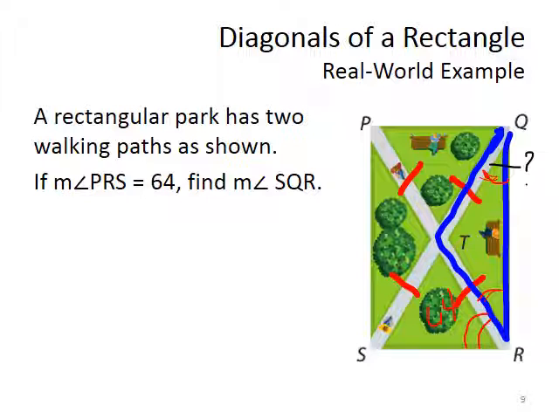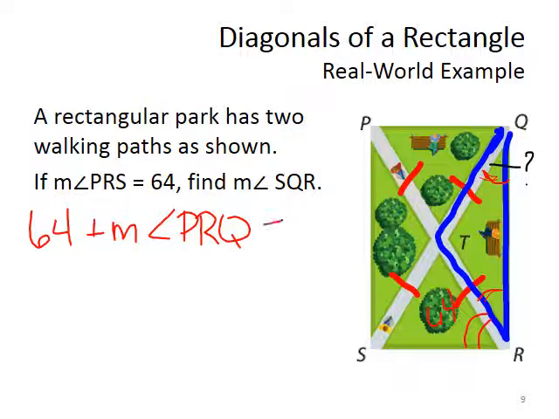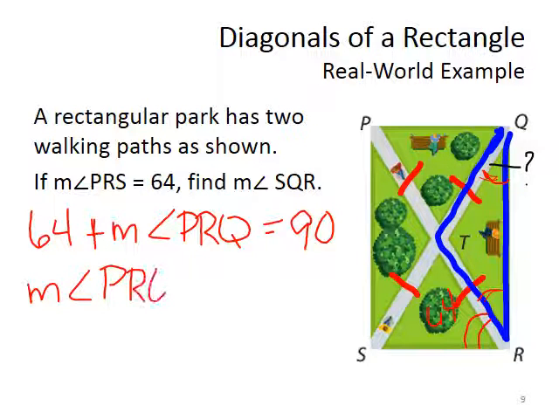So to figure out the rest of that corner, 64 plus the measure of angle PRQ, the adjacent angle, have to add up to 90 because they're the corner of a rectangle, and those are complementary angles. So we subtract 64 from each side to get the measure of angle PRQ, the rest of our corner. 90 minus 64 gives us 26 degrees.